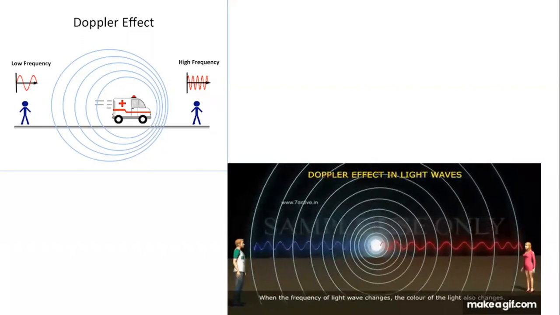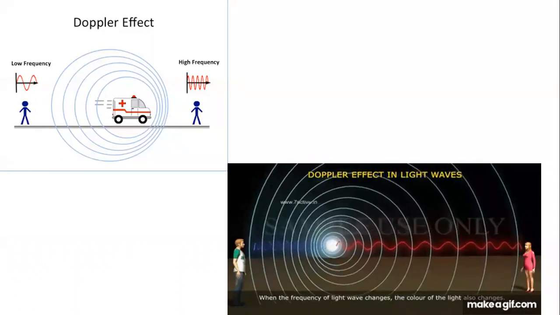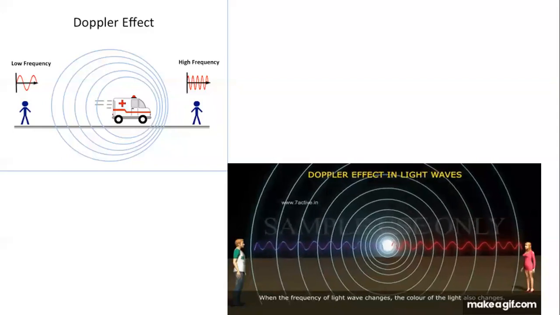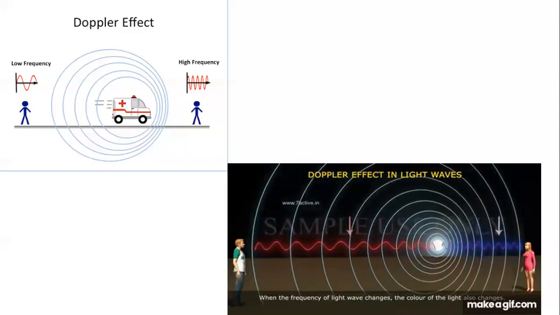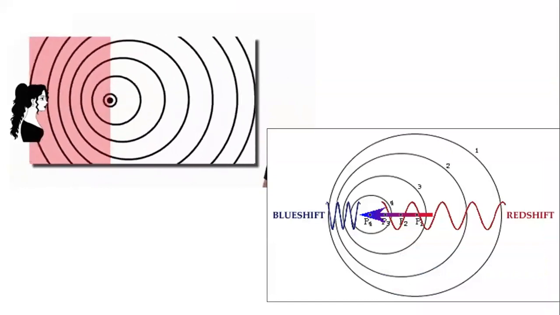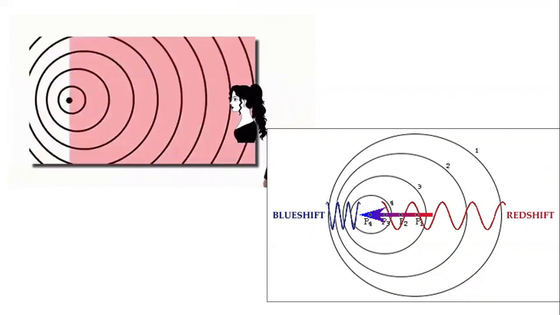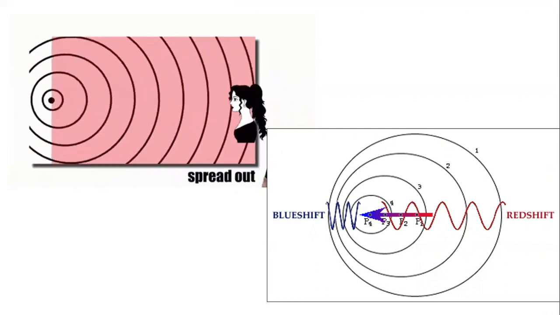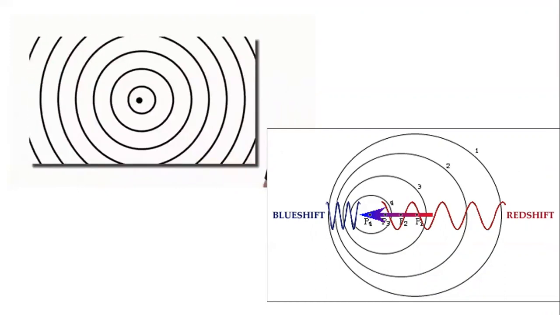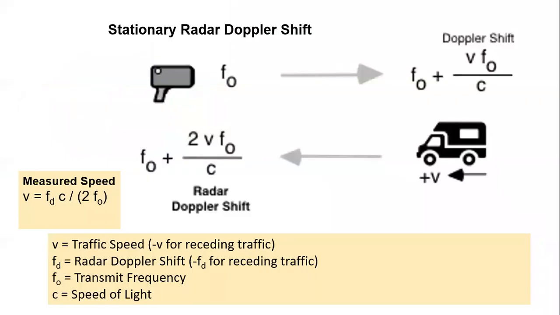So by this effect, the radar is able to detect whether the object is approaching towards it or going away from it. So this is what we will be talking about: blue shift, red shift, the compressed waves, and the spread out waves. All this information is detected by the radar.